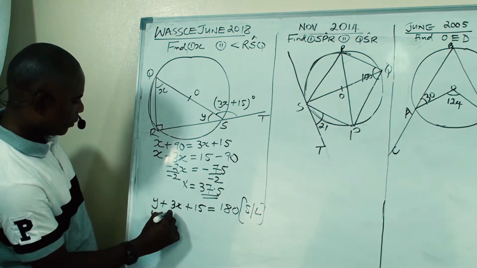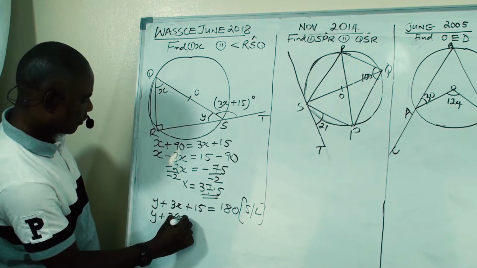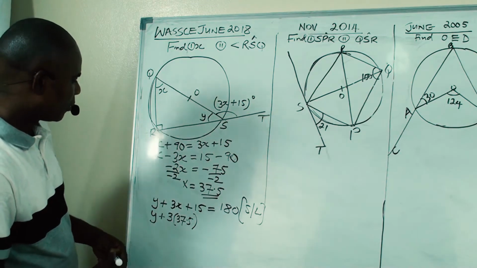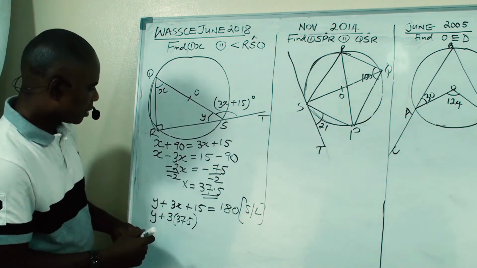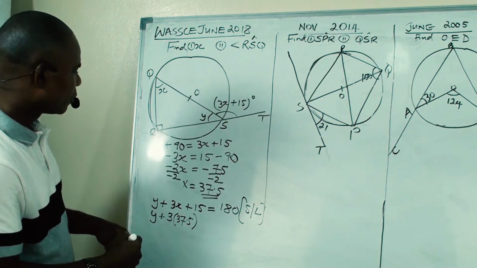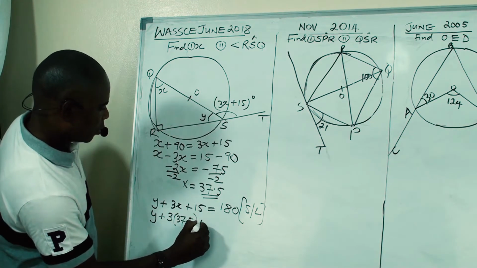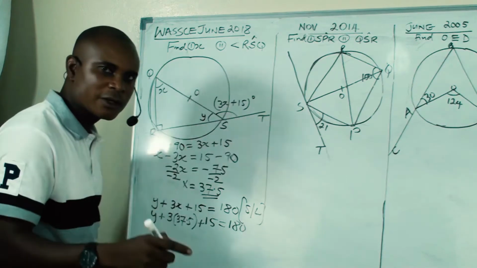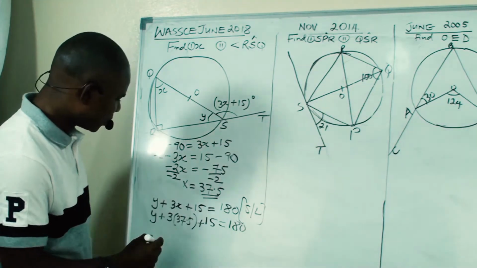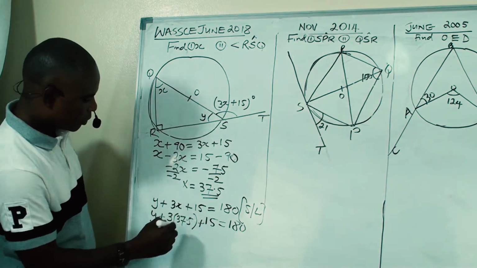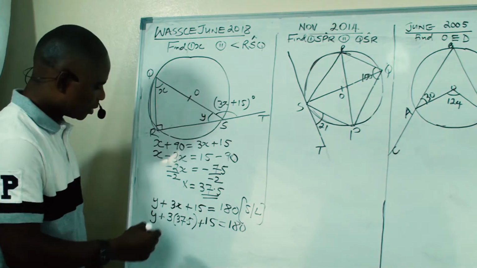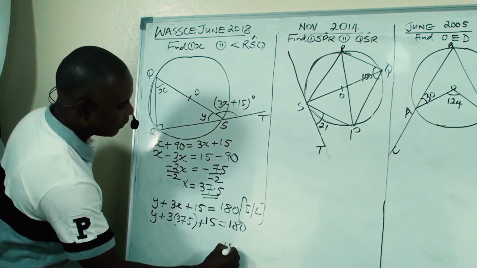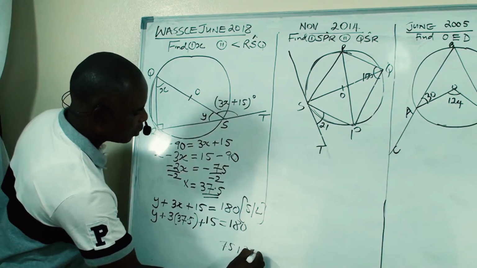So we have 3 times 37.5, that is 75 plus another 37.5, plus 15 is equal to 180. If you have your calculator there, you can give me the accurate answer. 37.5 times 3 is going to give us 75 plus 37.5.